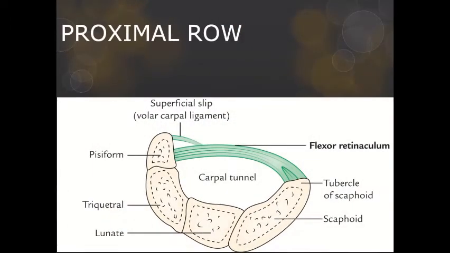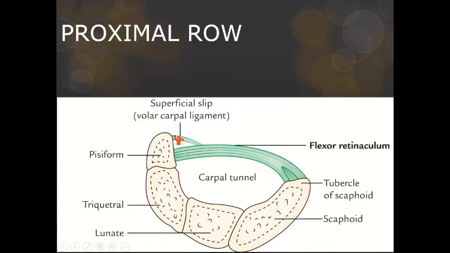Coming to the proximal row, how is it attaching? Towards the medial side it is attaching to the pisiform bone, and laterally it is attaching to the tubercle of the scaphoid. Here at the medial part, the flexor retinaculum divides into two slips, a superficial slip and a deep slip.